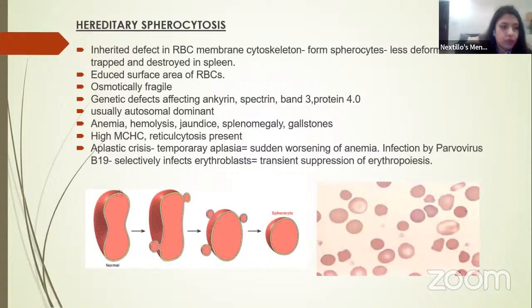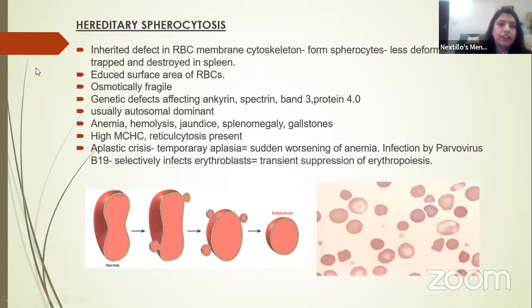So it goes to a spherocyte. This kind of RBC is absolutely round. It is not a disc-shaped cell. It is instead a ball-shaped cell. Now, because of the increased rigidity and decreased elasticity of these cells, they are more osmotically fragile. That means if you put these cells in a hypotonic solution, they will break.